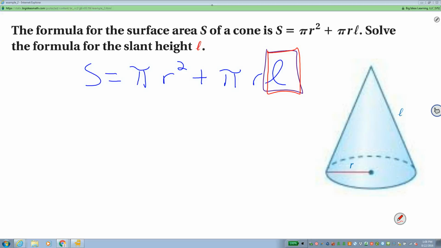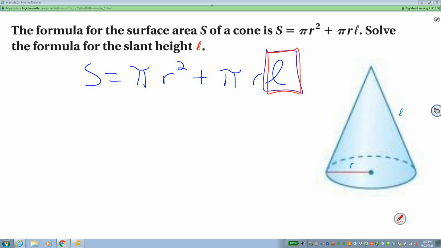This would be very similar to saying 2x. If we want to isolate and get 2x to one side of the equation, we can minus 2x from one side as long as we do it to the other. Think of it that same exact way. So we want to get L by itself. Right now we are adding pi r squared plus pi r L. So we want to get rid of this. What will we do? Will we add it or subtract it, multiply or divide it?